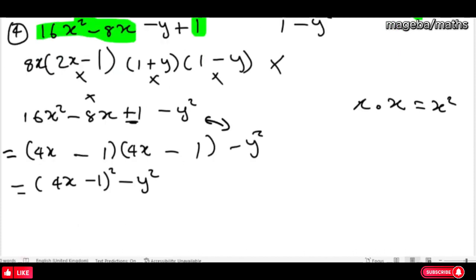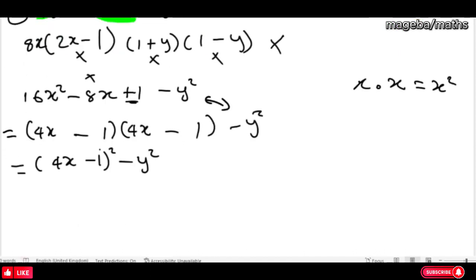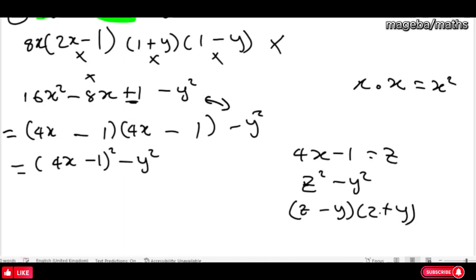And then from there, very important also, because you can still factorize this thing, which is just the difference of two squares. If we call 4x minus 1 equal to z, it's going to be z squared minus y squared, which if I factorize is just z minus y and z plus y, in terms of the difference of two squares.